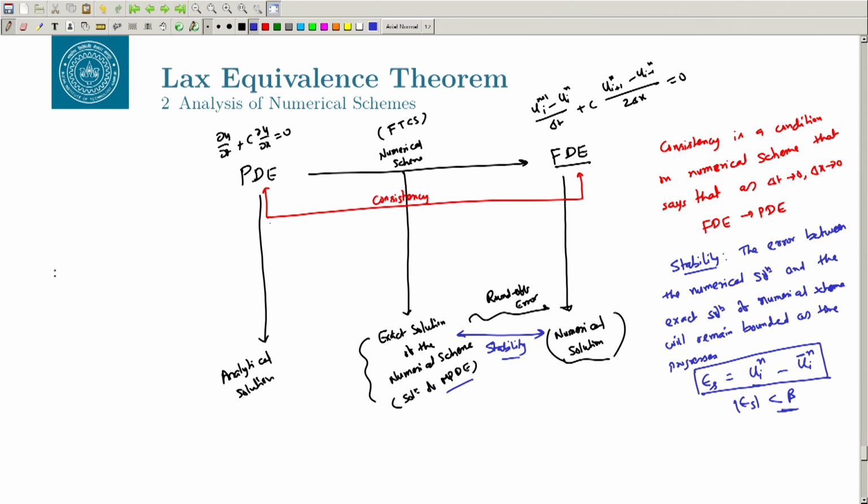And the last thing is your convergence. Convergence connects your numerical solution to your analytical solution, okay. This is your convergence.